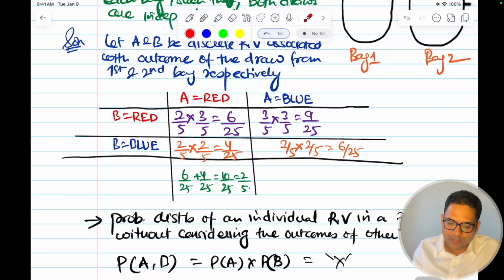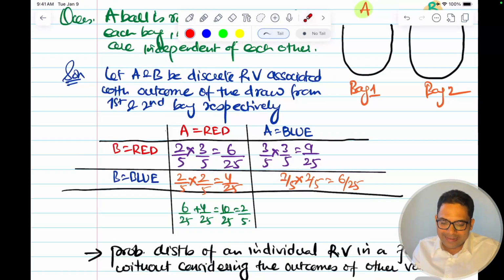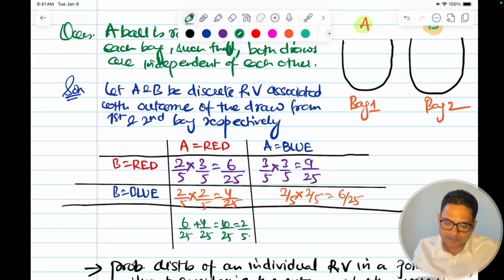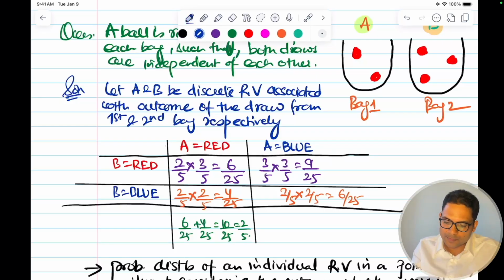What were the balls here? Let me draw it back. Earlier there were 2 red balls here, 3 red balls here, and 3 blue balls here, and 2 blue balls here.